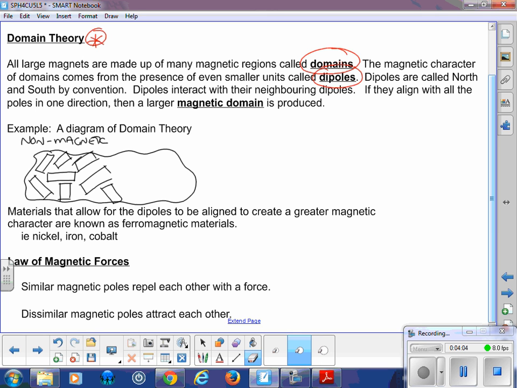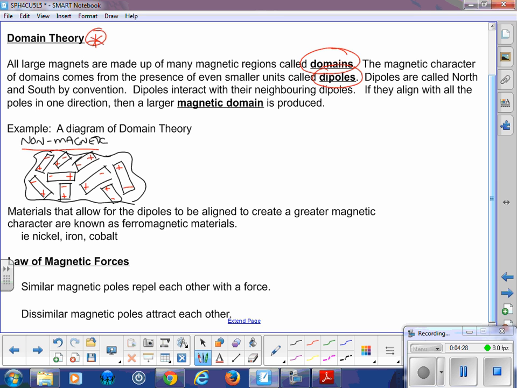That's what non-magnetic material looks like in theory, and they have a whole bunch of positives and negatives, randomly put in.